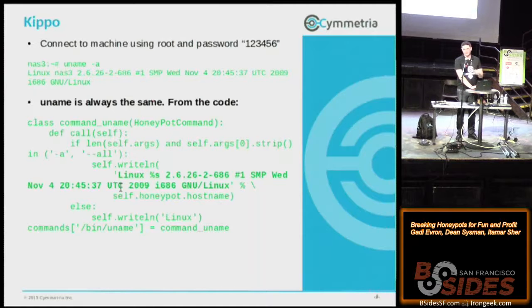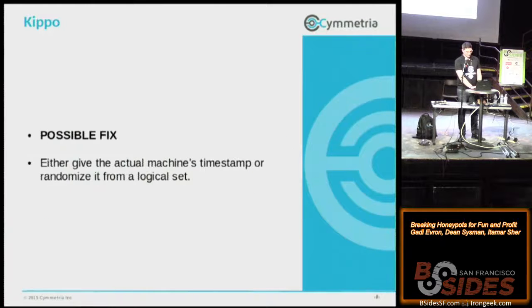It's acting really weird. I have no idea what's going on. Can somebody please explain what happened? Here are the details of the machine. Please help me. Right? So even unaware, non-security people, when they're using Kippo, realize something is off. And specifically, this is a specific way of identifying it. A possible fix would be either to give the actual machine's timestamp or randomize it from a logical set. This is, by the way, the fix that Kippo actually did.